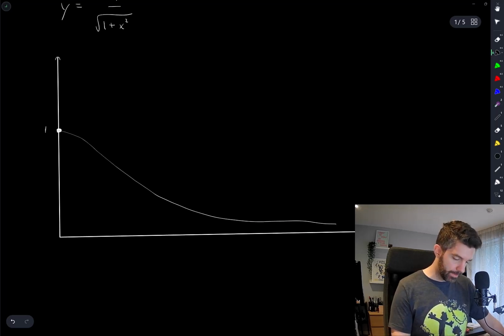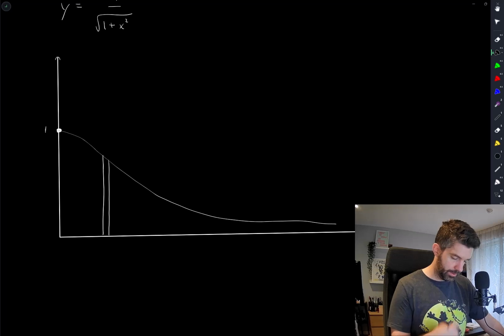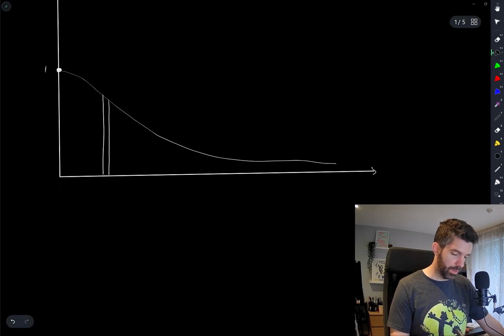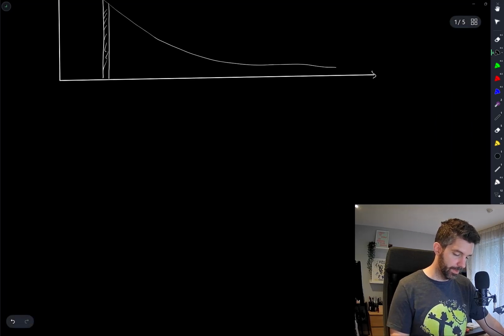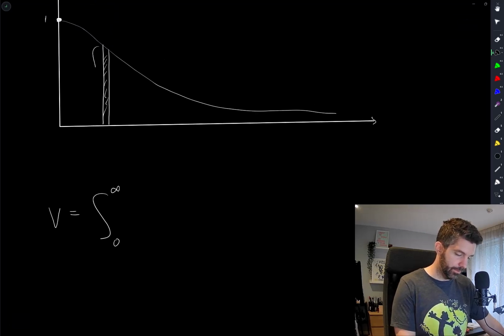Okay. I never remember exactly what the formula is, but we're revolving around the x-axis, and so I want to think of this as being a radial slice of a disk. So the volume is going to be the integral from 0 to infinity. This is like the radius of a disk as a function of x.